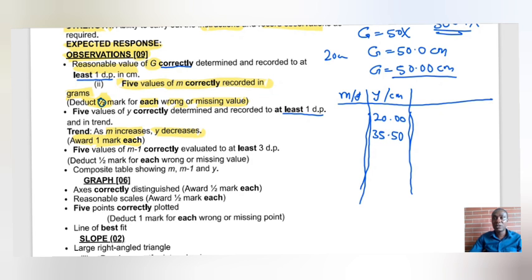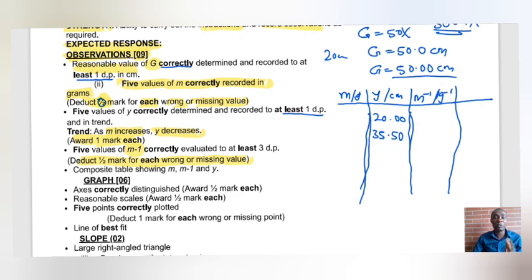Then 5 values of M inverse. So it means that on my table, I'm going to have M inverse again. So that will be in per gram. The units are very important. So I'm going to have that in per gram. Deduct half mark for each wrong or missing value.